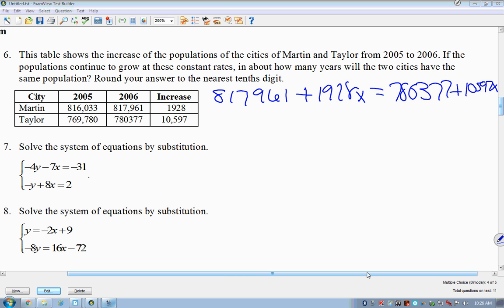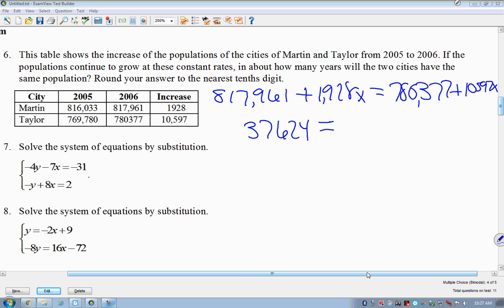But what we can do is solve across. I would want to subtract 780,377 from 817,961, which is going to leave you with 37,624. And we want to subtract 1,928 from 10,597.